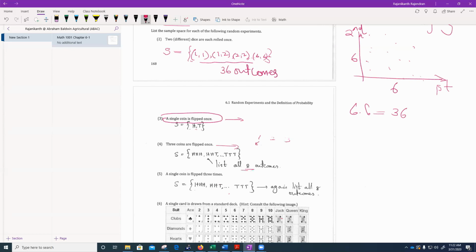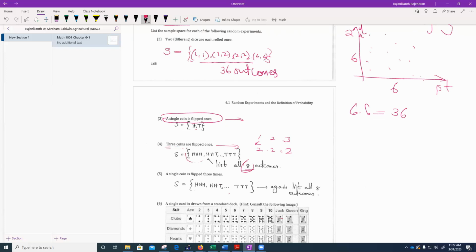How many possible outcomes for first coin? There are 2. Second one, 2. And third one also 2 outcomes. So counting principle says, in order to find total possibilities, you have to just multiply them. 2 times 2 times 2, which is 8. Therefore, you will have 8 outcomes when you flip 3 coins, right?